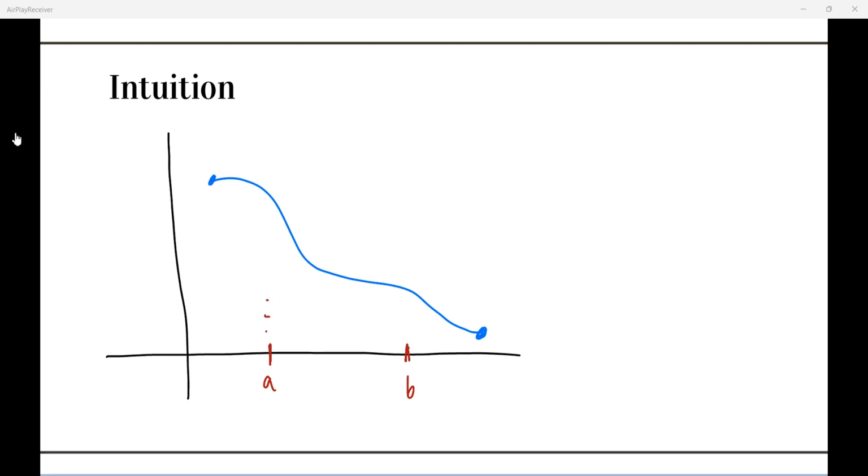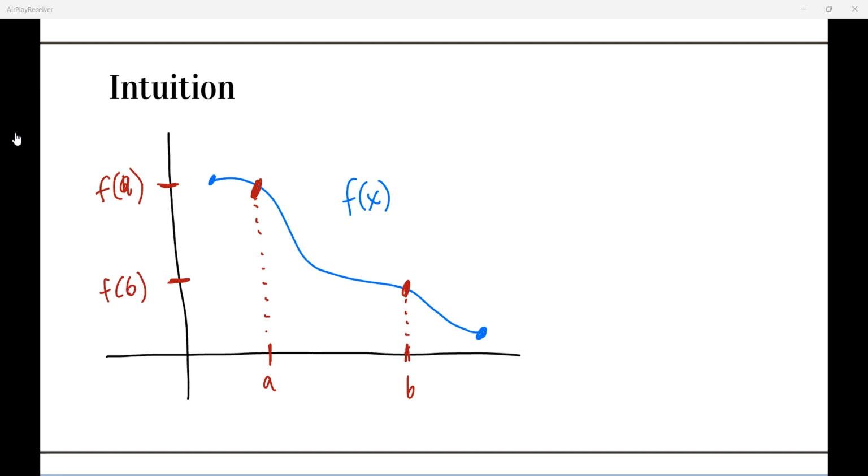So correspondingly, where a happens, we have this particular y value, which I could call f of a, if we call this blue curve, I guess, f of x. And then where this b value happens, it has a y value at about that height right there, which I could say is f of b, right?